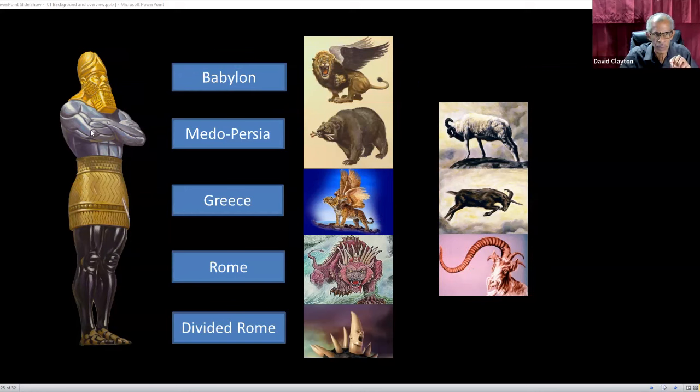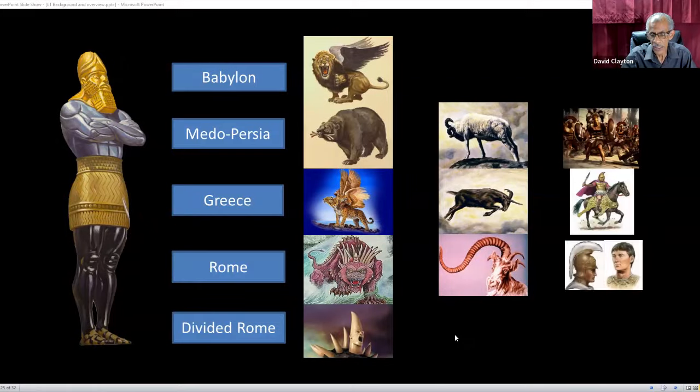We have the image, the 4 wild beasts, the 2 domesticated animals, and then when you come to the 4th prophecy, which we are about to look at now, what we see is that it's a long story. It doesn't use symbols like an image or animals. What it uses is direct history about people.